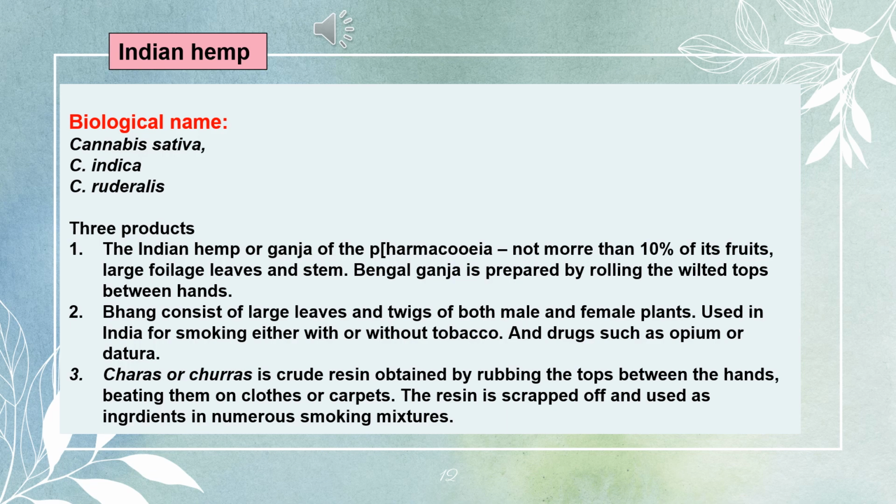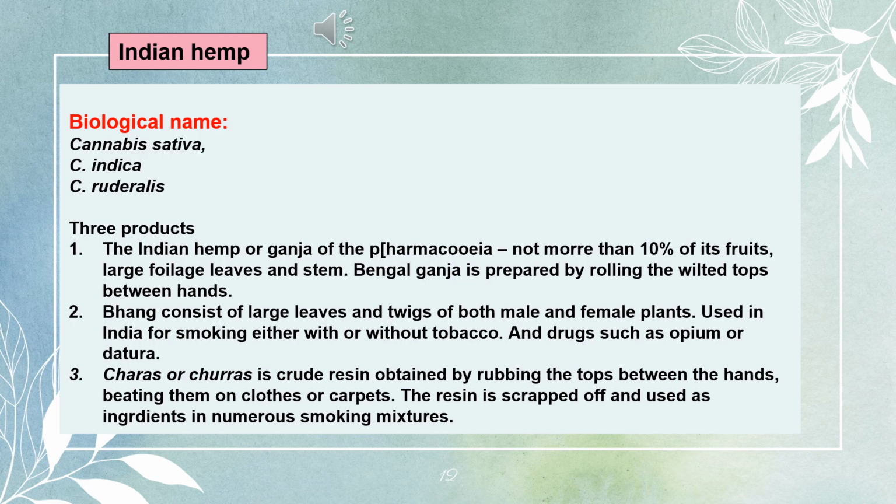The first is Indian hemp or ganja. You already know this name, ganja. It contains not more than 10% of its fruits, leaves, and also stem. Bengal ganja is prepared by rolling the wilted tops between the hands.